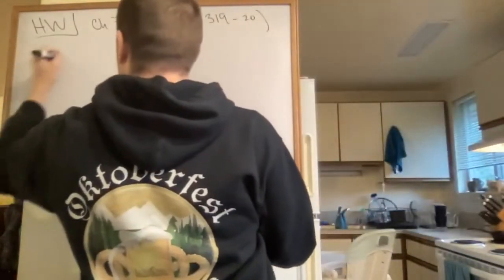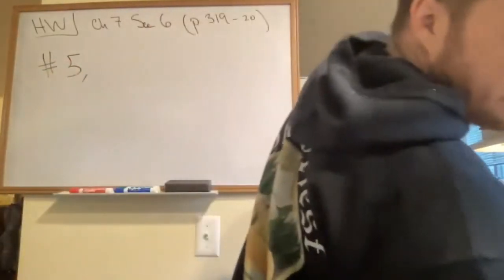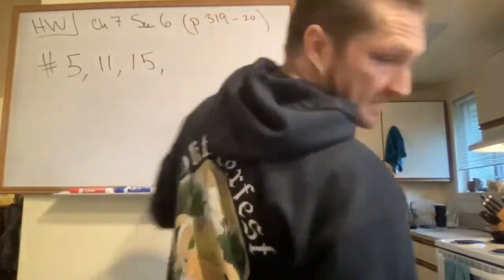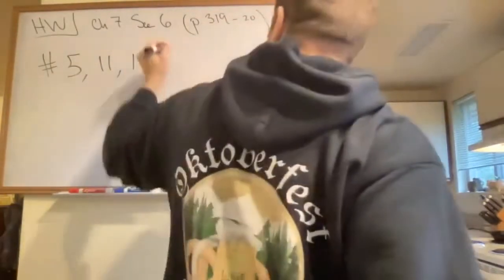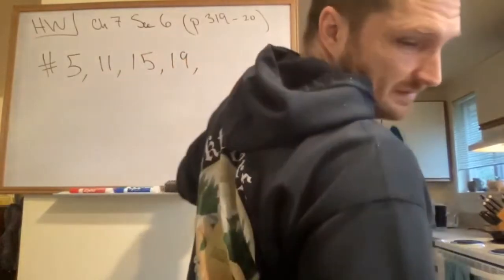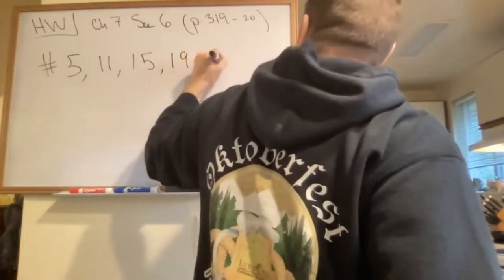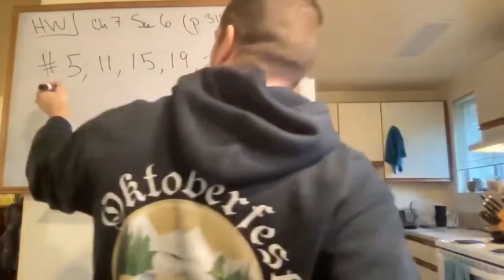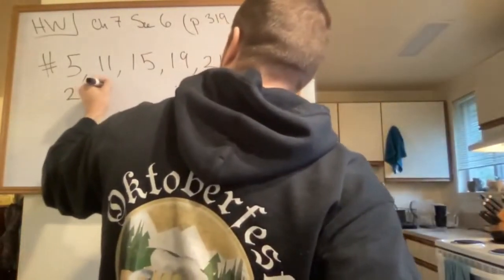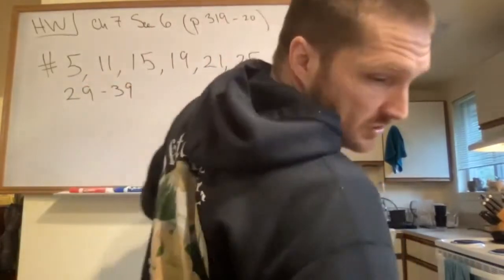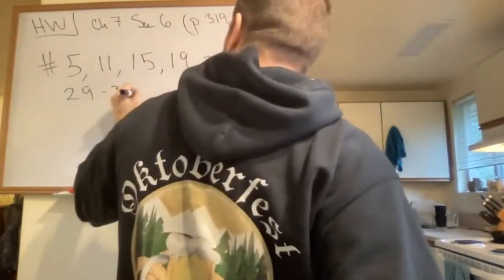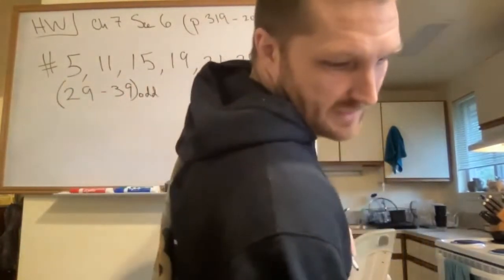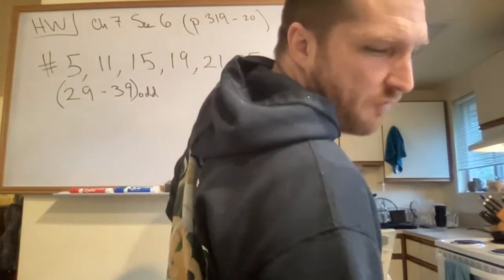Numbers 5, 11, 15, 19, 21, 25, and 29 through 39 odd. That is 12 questions. And you have 4 more.